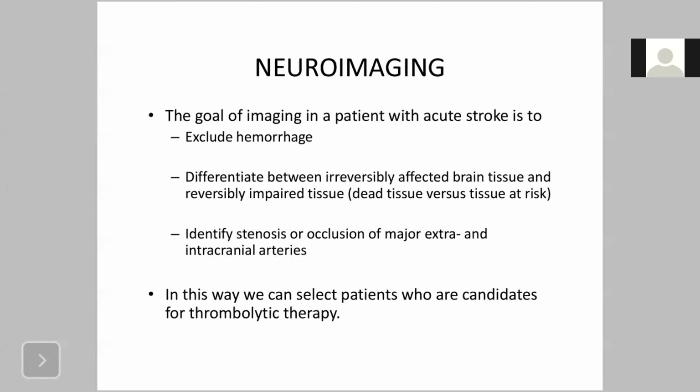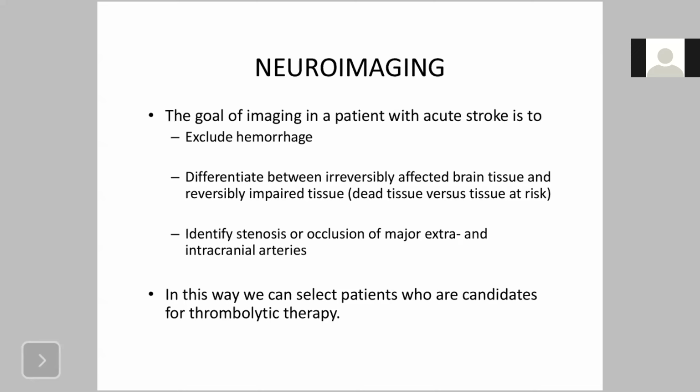So what is the goal of neuroimaging? Number one, exclude hemorrhage, because the treatment of ischemic stroke is going to devastate a hemorrhagic stroke. So you have to identify if it is a hemorrhagic stroke or an ischemic stroke, right? So first of all, you should exclude hemorrhage.